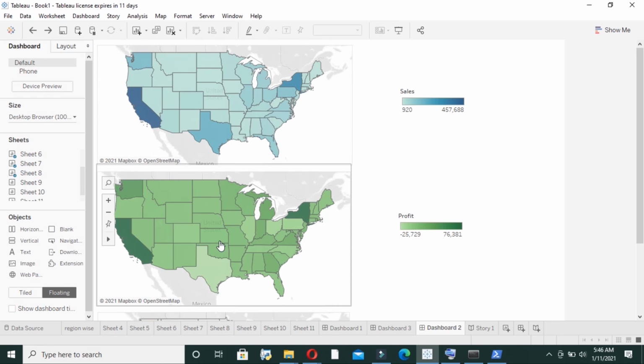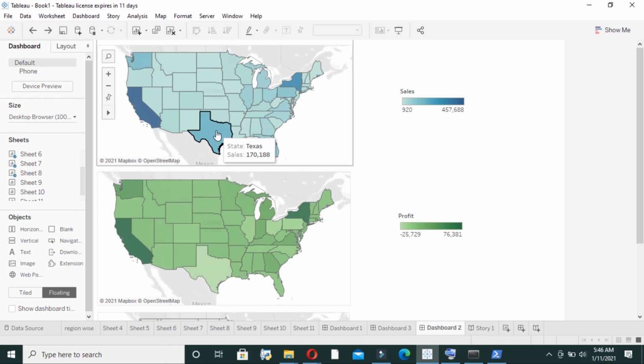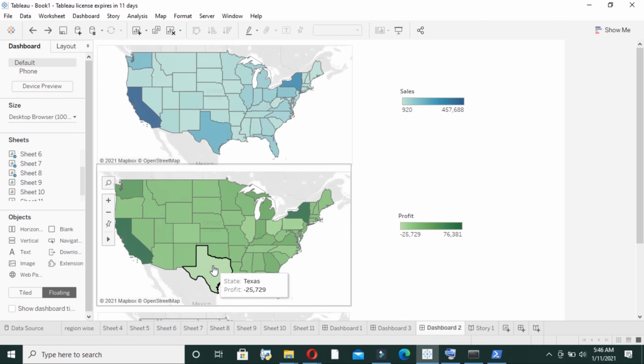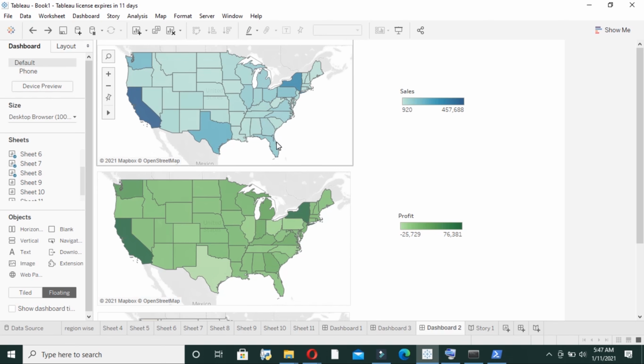However, in the profit map, you can see one interesting thing. See, Texas has good sales, but the profit earned in Texas is negative. And similarly in Florida the sales are good, but the profit earned in Florida is negative.